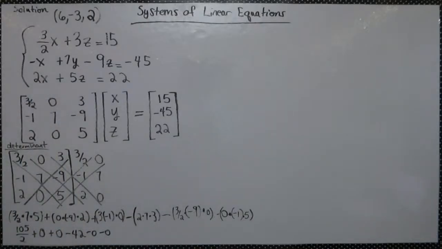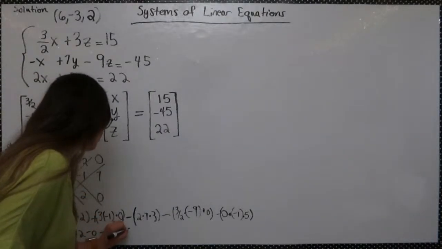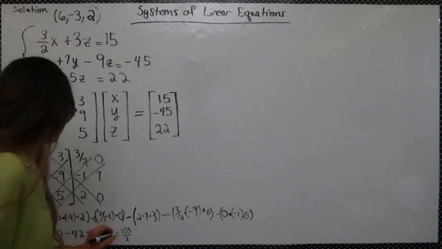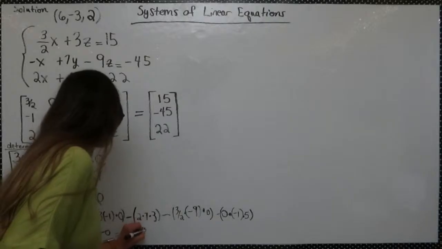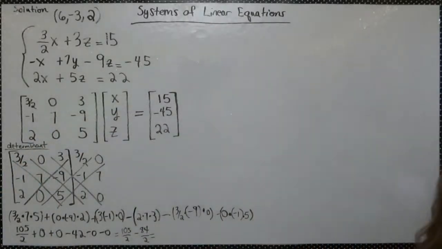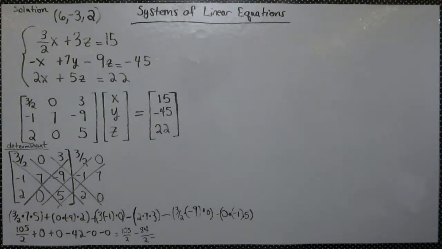So if I want to put this in a fraction form, this is going to be 105 divided by 2. So 42 times 2 is 84. So I can say that this equals 105 divided by 2 minus 84 divided by 2. So 105 minus 84. Is that 21?